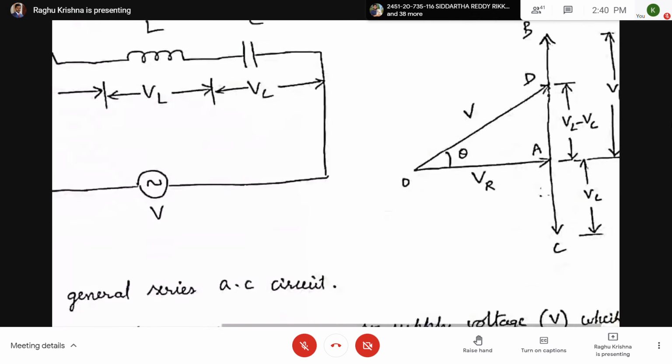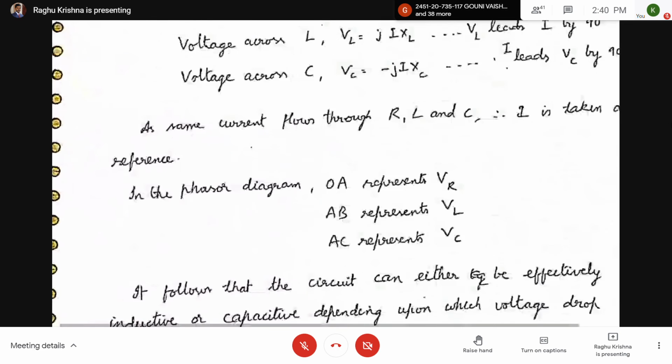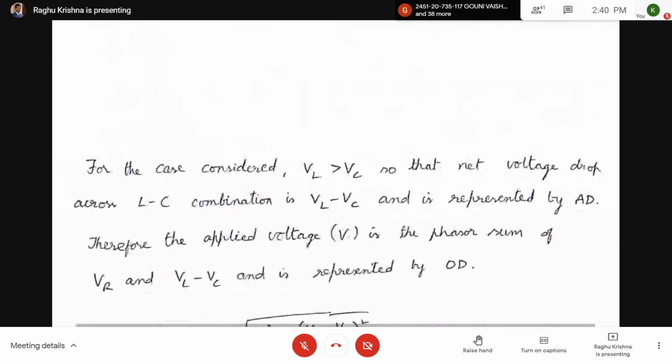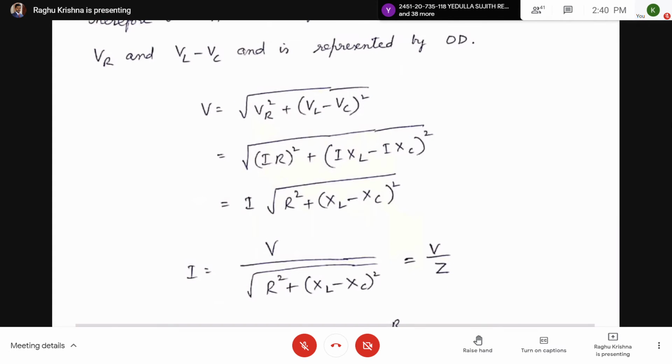So in this case, how to calculate the power factor? V equal to under root of VR square plus VL minus VC whole square. Why this one? Because VL equal to JXL, and VC is minus JXC.